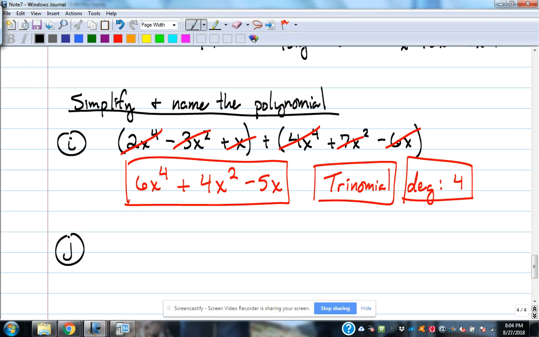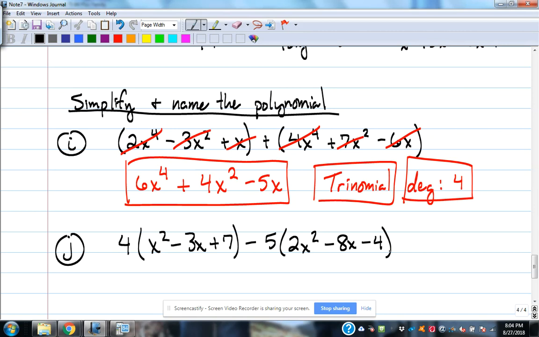Let's combine everything we've done so far today. Alright. So this combines order of operations, polynomial stuff, simplifying, and then naming the polynomial.